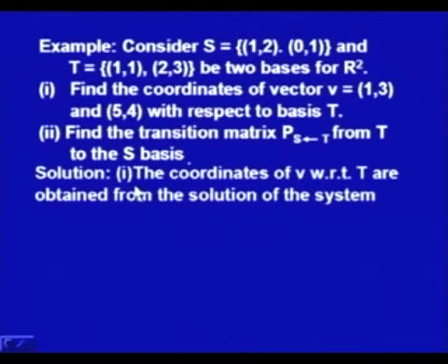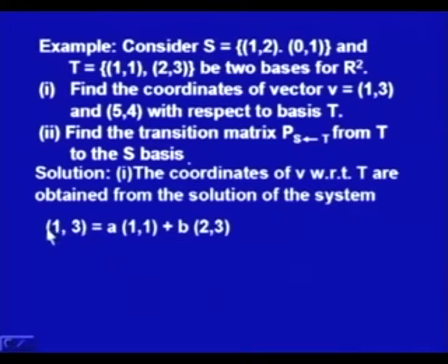Now, in the first part, you have to find the coordinates of V with respect to T. This can be obtained from the solution of the system (1, 3) = A(1, 1) + B(2, 3).